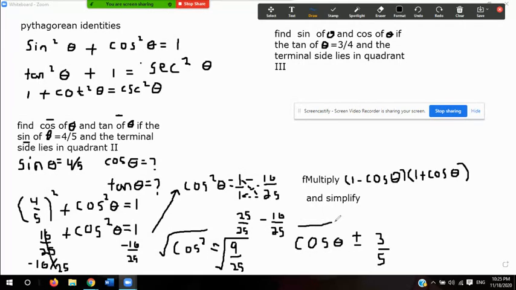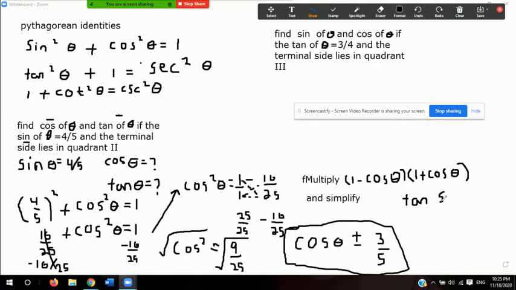We found our cosine of theta. In the previous video, we talked about the quotient identities, and we said that the tangent is actually the sine over the cosine.